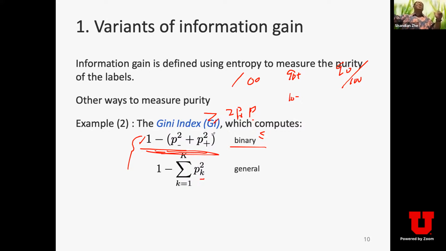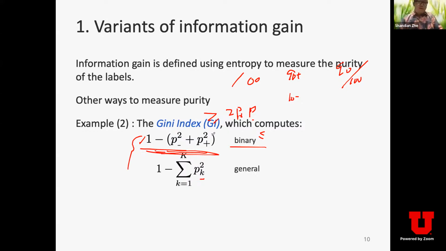When p plus and p minus are both 0.5, your Gini index is maximum, but it's the worst label purity. On the other hand, a smaller Gini index means higher purity. In the extreme case, when Gini index is 0, you have the best label purity. All the examples have the same label.